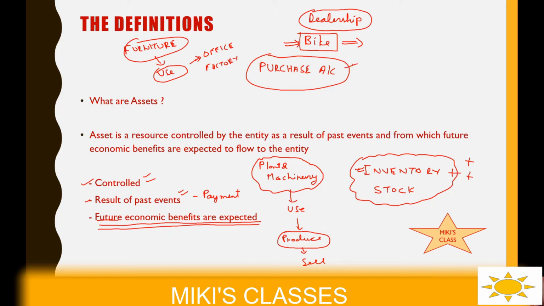But in this case, when you purchase bikes and you're a dealership in bikes, you've bought it solely with the intention to sell it off, right? You're not going to use it. You can always say that I'm using it to sell it, but that is not using it. That is just selling it, right? So in this case, future economic benefits are not expected, but the benefit has already happened.